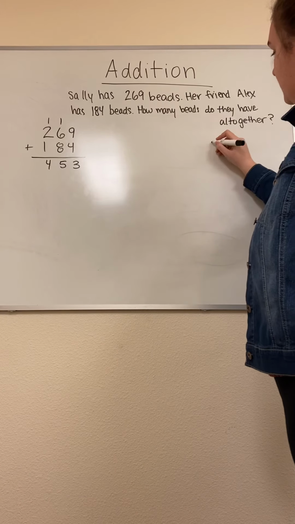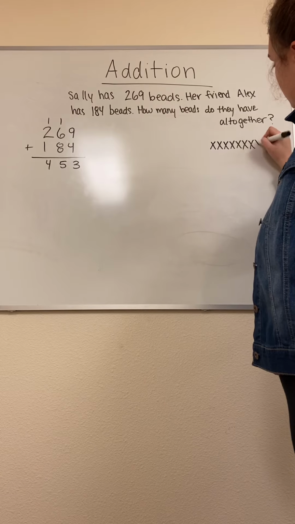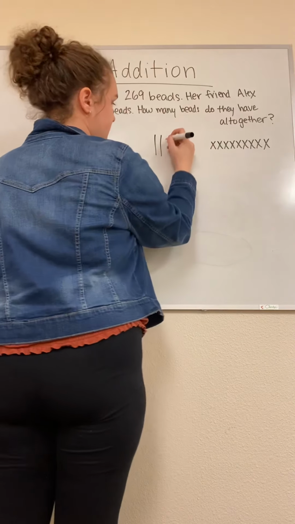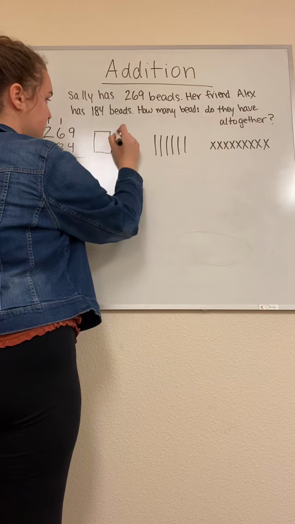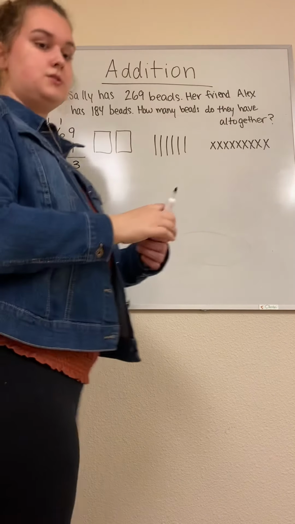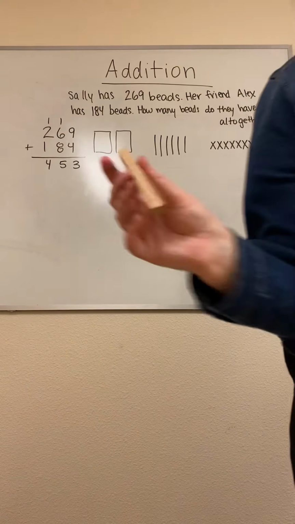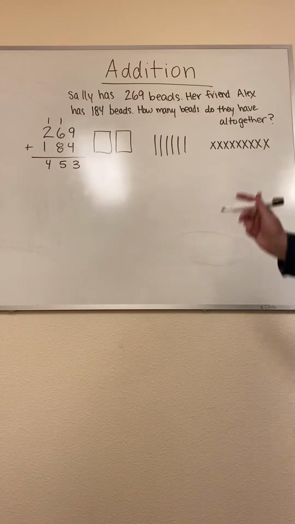For 269, we have 1, 2, 3, 4, 5, 6, 7, 8, 9 ones, and we have 1, 2, 3, 4, 5, 6 tens, and 2 hundred blocks, just like if you use these, the hundreds, tens, and our tiny little ones, which the X's represent.